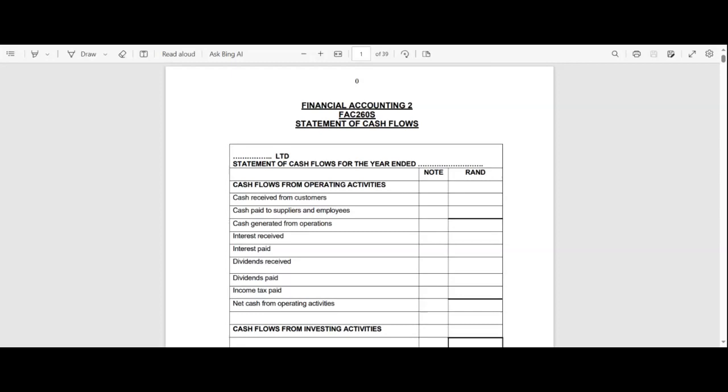So what has happened, ladies and gentlemen, over the last 2 or 3 decades, is that a certain trend formed. And most companies, I would almost say 99% of companies in the world nowadays, apply it as follows. They present the statement of cash flows on the direct method as the face of the statement.